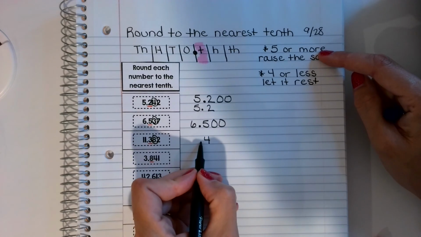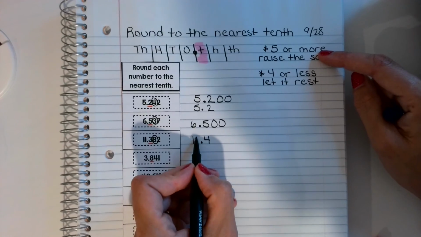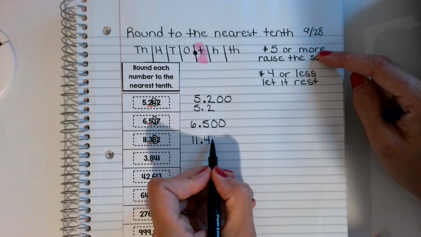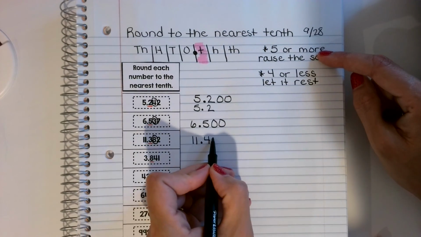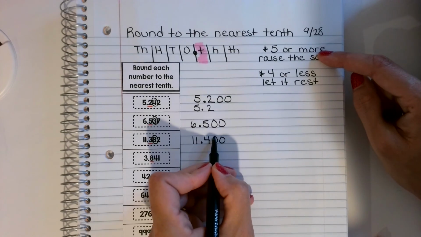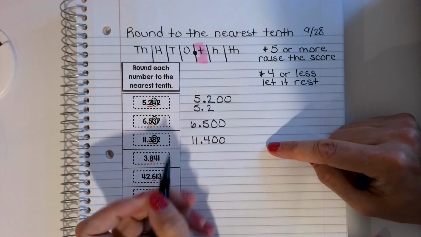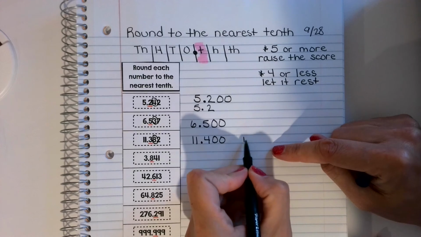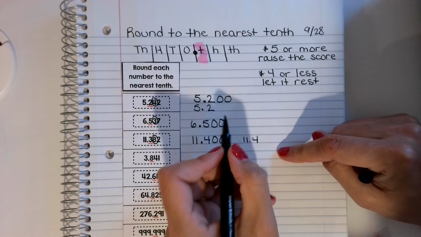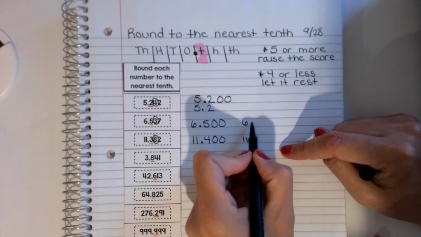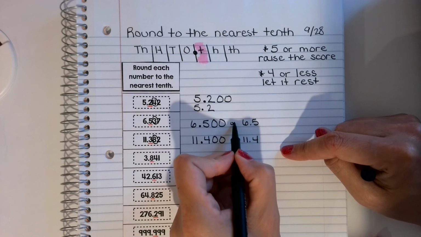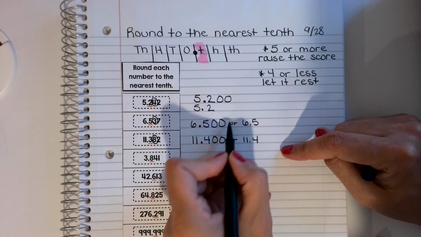Everything to the left, I'm going to bring down because I'm going to keep it. Everything to the right, I'm going to turn to zeros. Or I would just write 11 and 4/10. I'll put both of them up here. So 6 and 5/10. You could write either one. Both of them are correct for when it's a decimal like that.